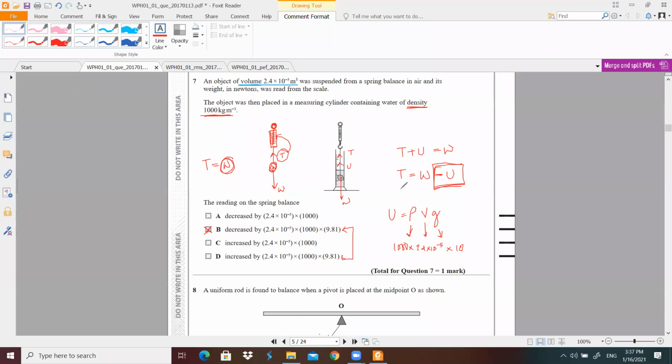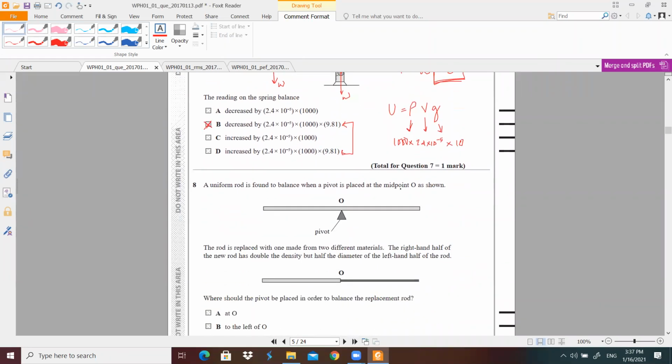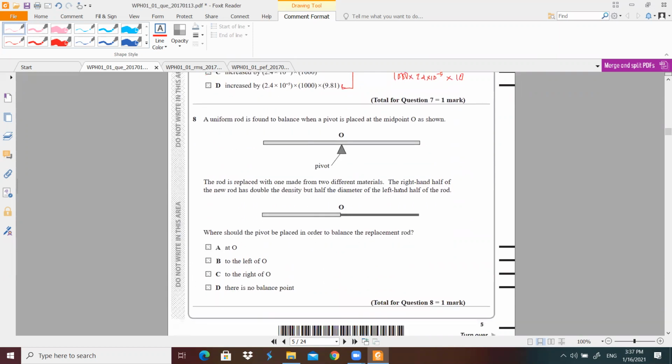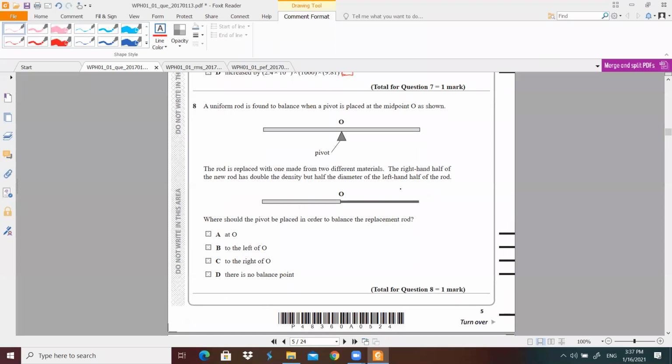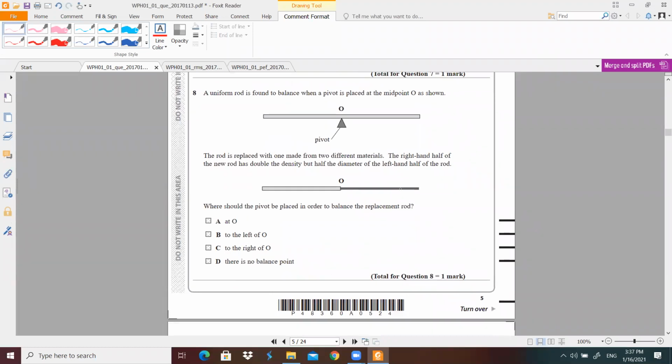Let's move on to 8. Eight is linked to moments. A uniform rod is found to balance when a pivot is placed at the midpoint O as shown. The rod is replaced with one made from two different materials.